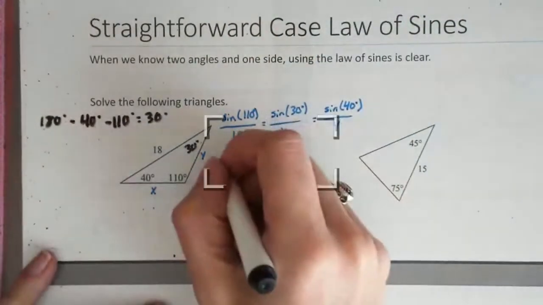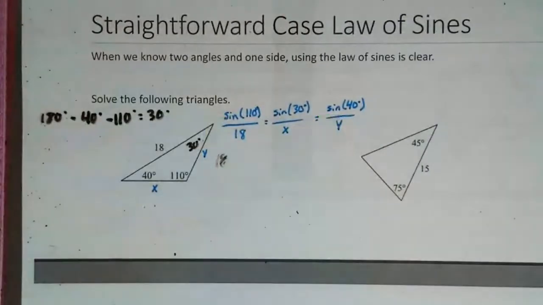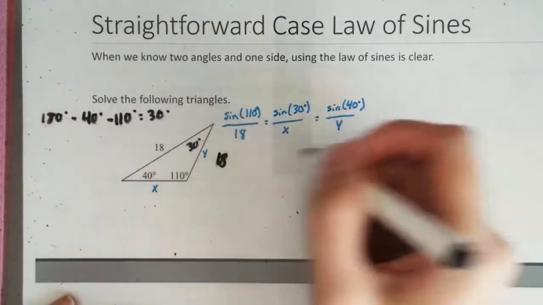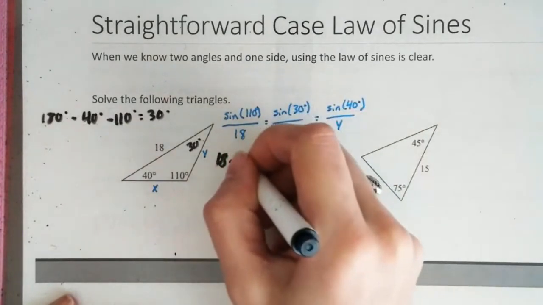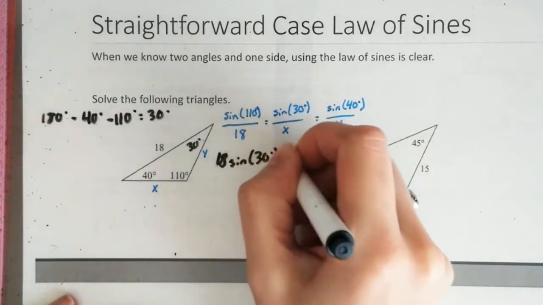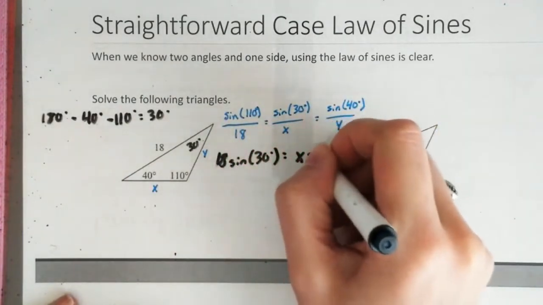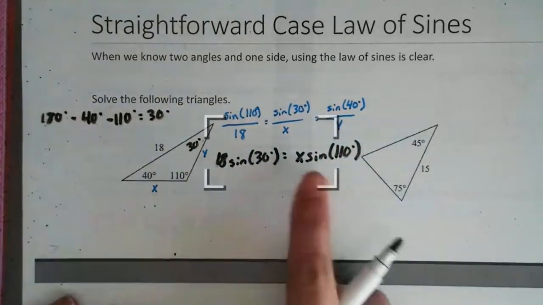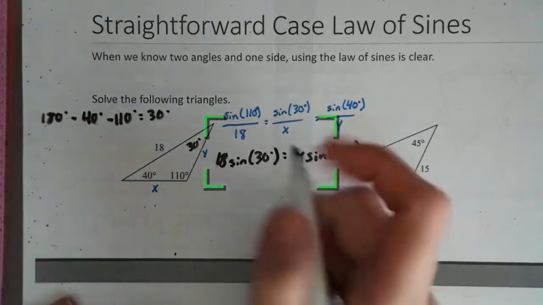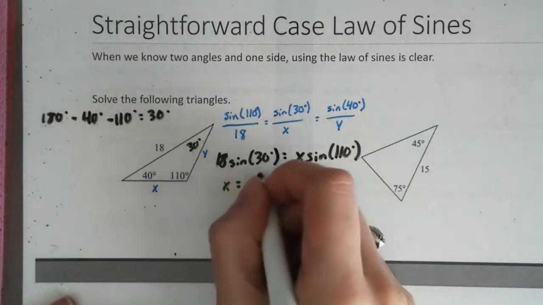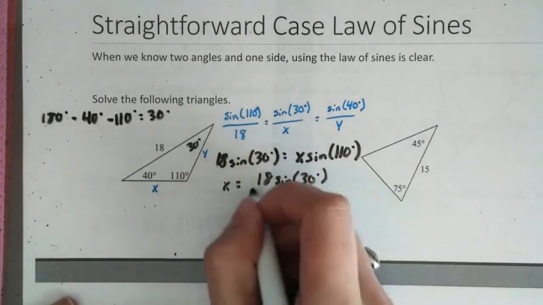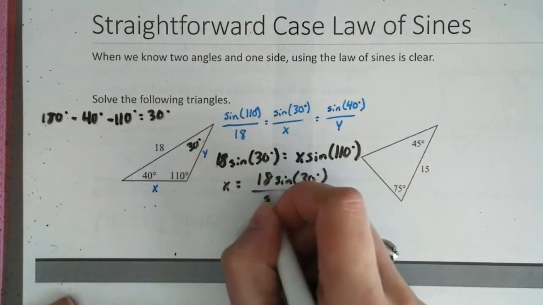So I'll have 18 times the sine of 30 degrees is equal to x times the sine of 110 degrees. If I divide both sides by the sine of 110, we get that x is equal to 18 times the sine of 30 over the sine of 110.